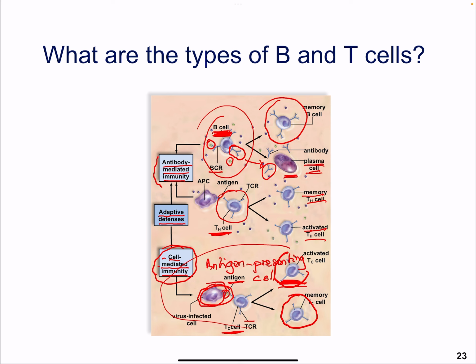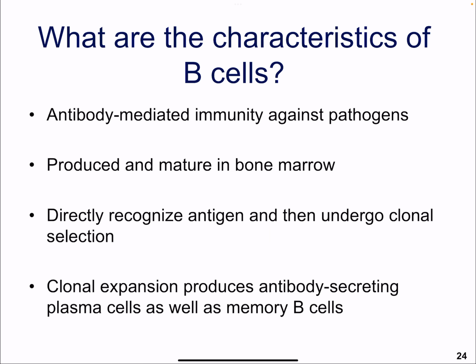Now, I was telling you about antigen presenting cells, right? That are presenting an antigen. So look at this right here, APC, right? That APC, it's an antigen presenting cell, okay, that is recognized by a helper T cell so that the helper T cell can be activated. All right.